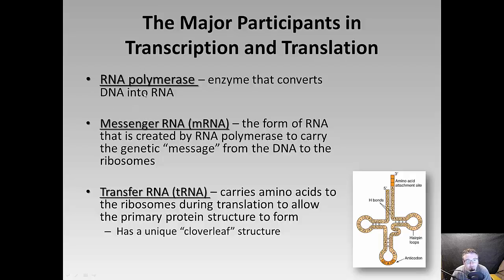RNA polymerase is going to do that. The video will make that clear. RNA polymerase creates messenger RNA, and then messenger RNA plays a role along with transfer RNA during translation. So let me show you the video, and that'll hopefully make sense.